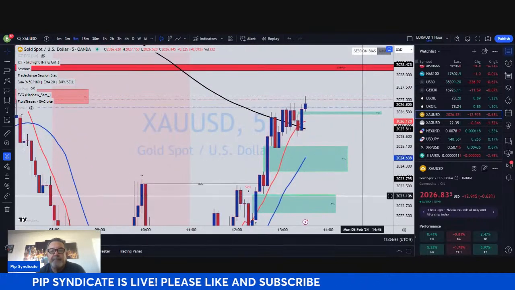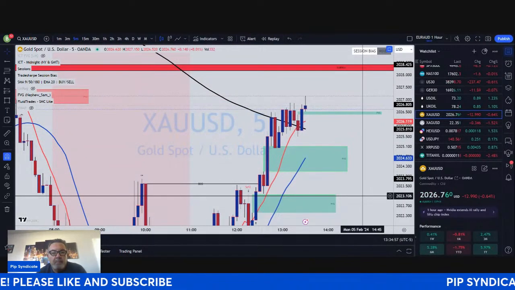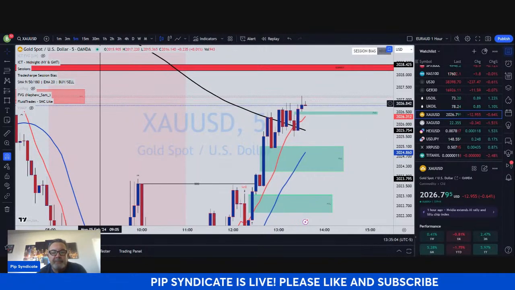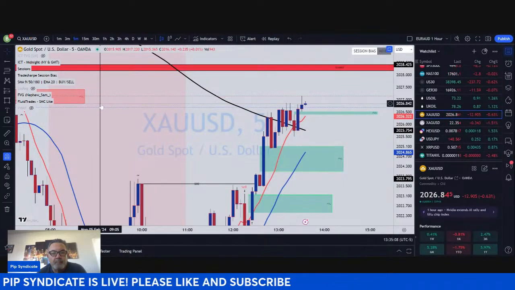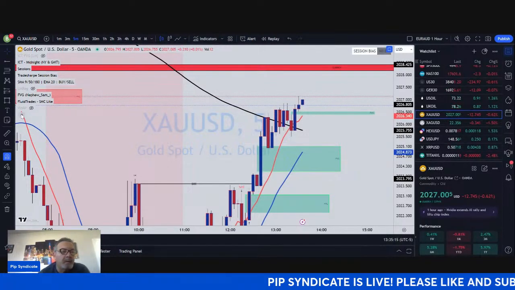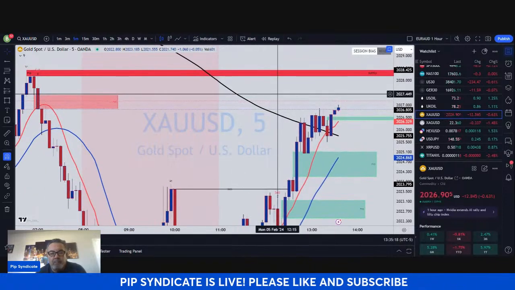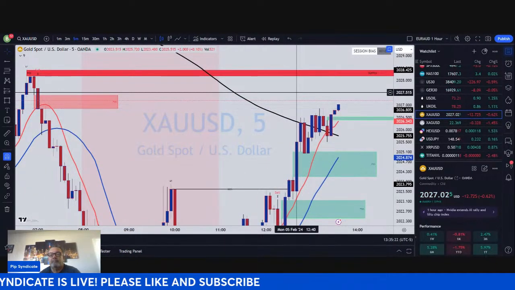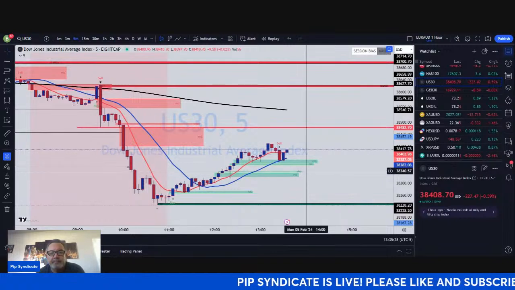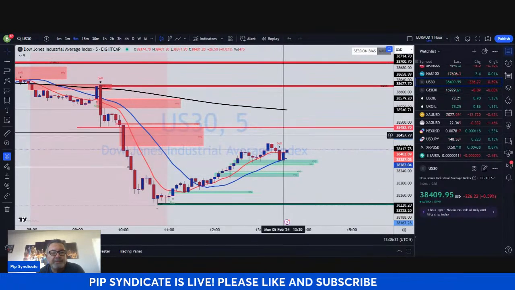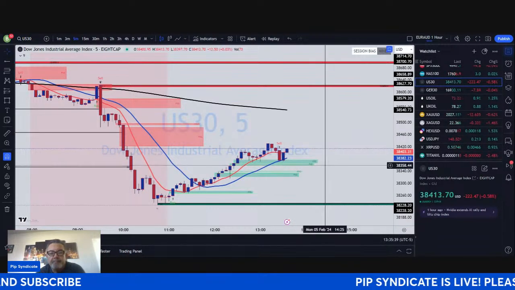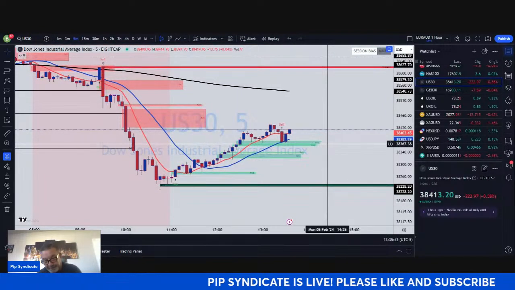Got to clean it up every now and then. Okay, see we have a fair value gap here. It's kind of rejecting off. Put this out of the way. What's US 30 doing? It's right in the middle. We need it to come to a major area, you know? And then we'll wait for the candles to tell us what to do and our indicators.